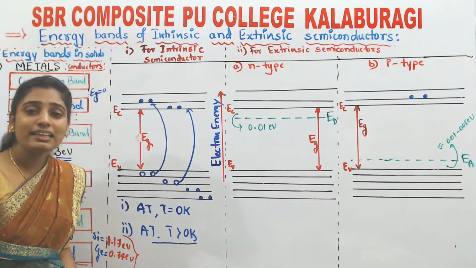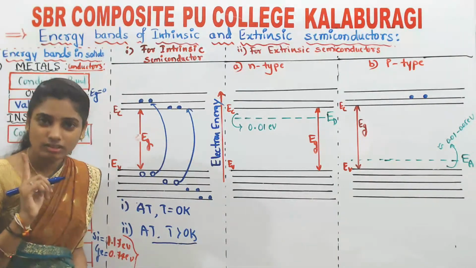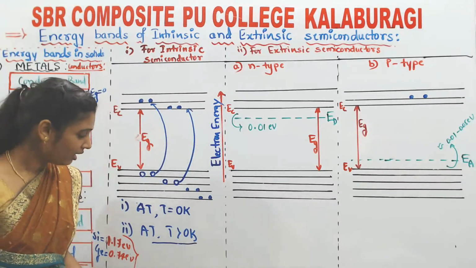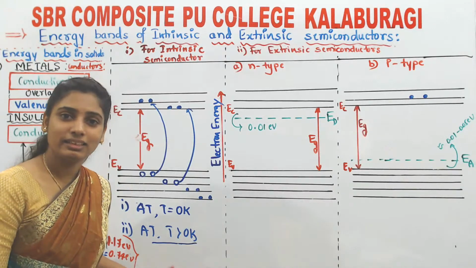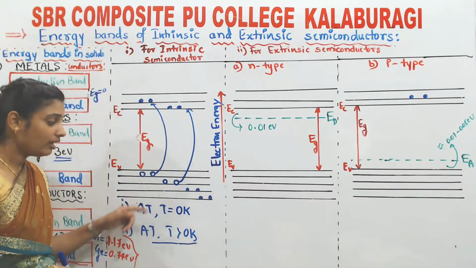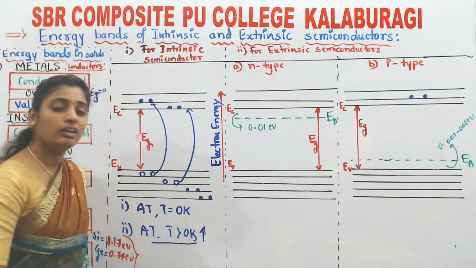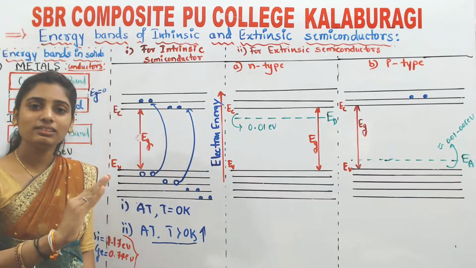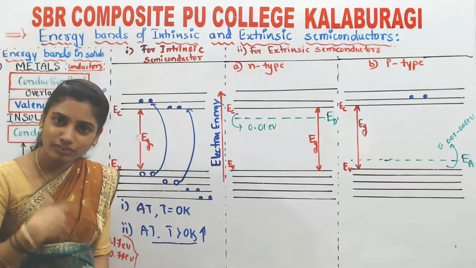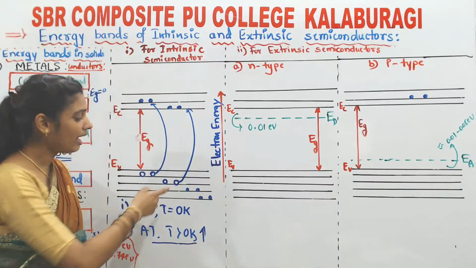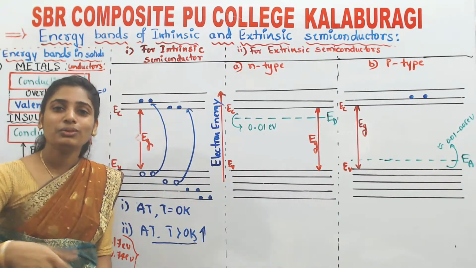So I can say at 0 Kelvin, intrinsic semiconductors act like insulators, and at a temperature greater than 0 Kelvin, they act like conductors. As the temperature keeps increasing, the number of electrons excited to the conduction band increases, so there is more and more conduction.